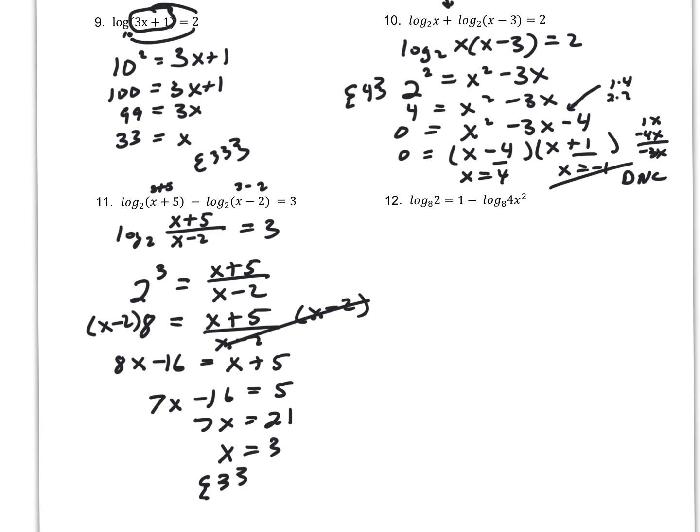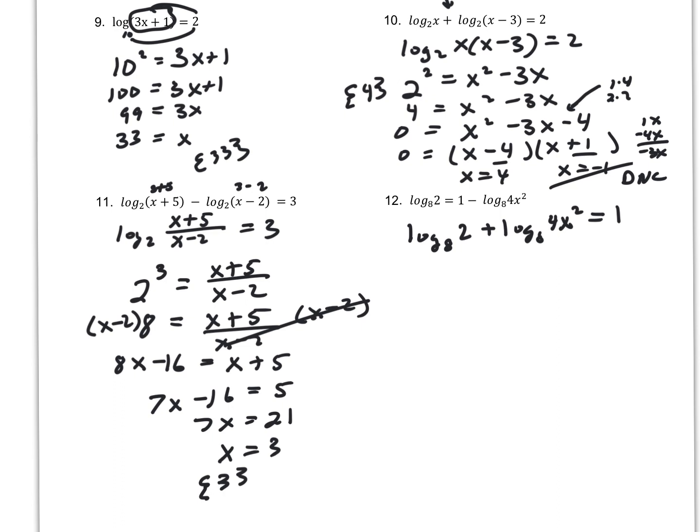Okay, number 12, log base 8 of 2 equals 1 minus log base 8 of 4x squared. All my logs are not on one side, so I need to move them to one side. I'm going to move the one that's negative, because when I move it, it would turn into a positive. So I'm going to leave my log base 8 of 2 on this side, and then I'm going to add the log base 8 of 4x squared to that side, and that's going to equal 1.